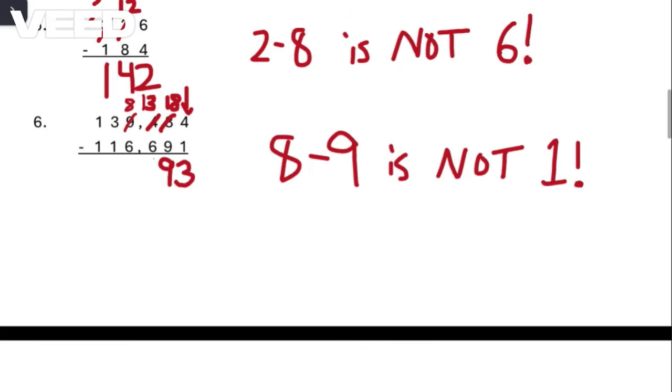What is that, class? 7, very good, it is 7, and then we move on to our thousands column with 8 take away 6, we know that's 2, 3 take away 1, we know that's also 2, and 1 take away 1 is 0, so we don't have to put a 0 here. We could if we wanted, but we don't really need that 0 here. So let's go ahead and add our comma, and our answer to number 6 is 22,793. Please correct your mock quizzes as we are going through this.